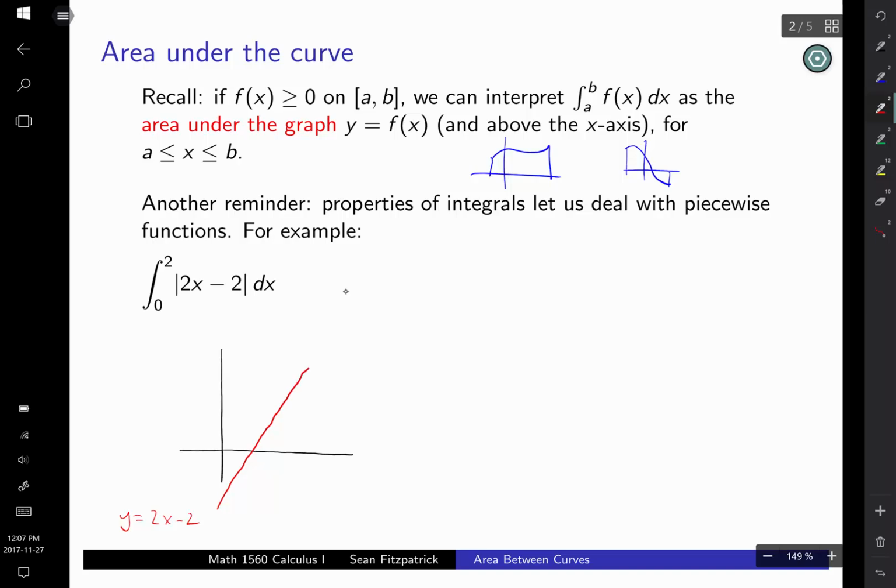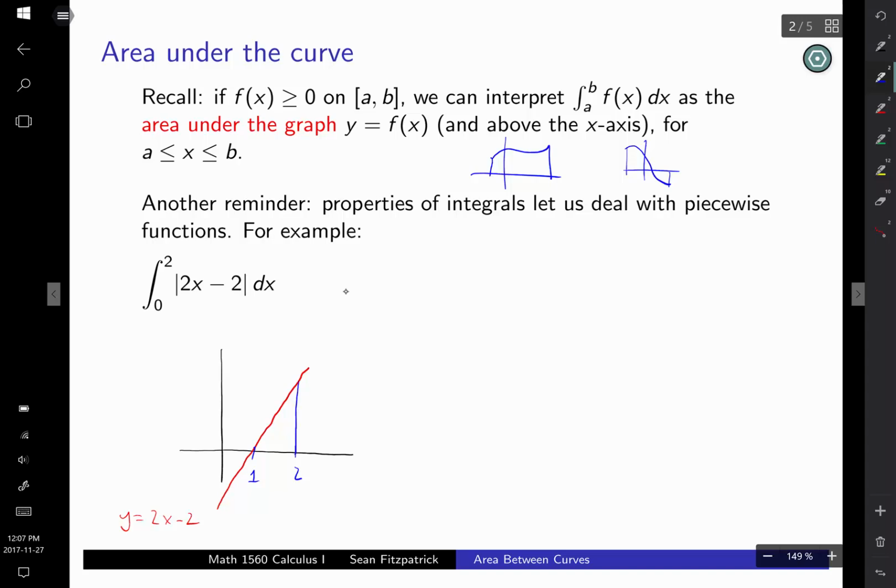But I'm interested in the absolute value of this thing between 0 and 2. There's 1, there's 2. So what happens when I take the absolute value?